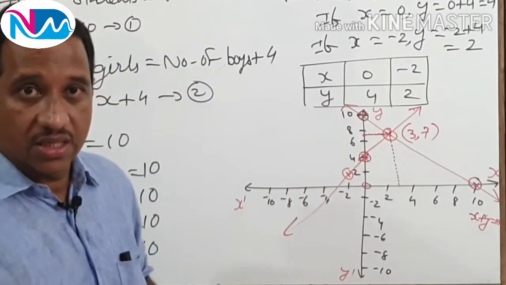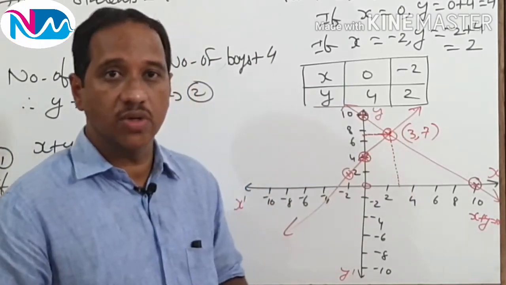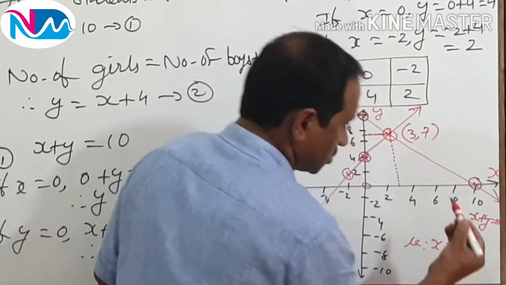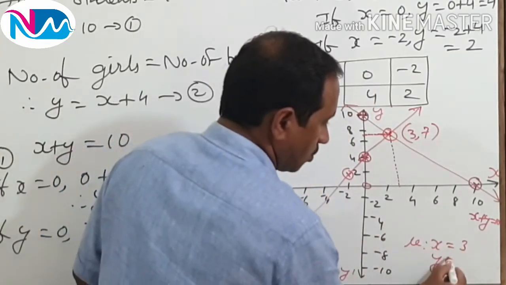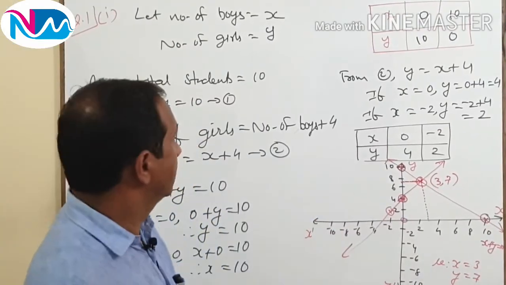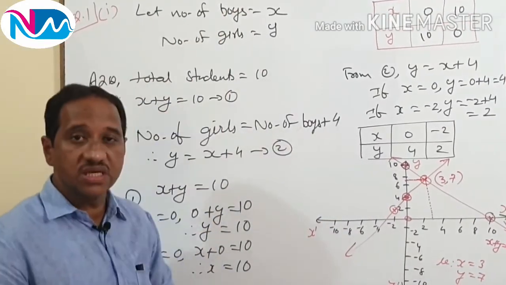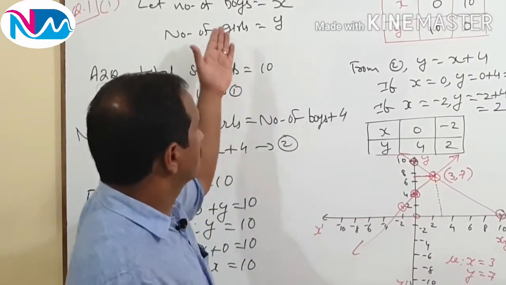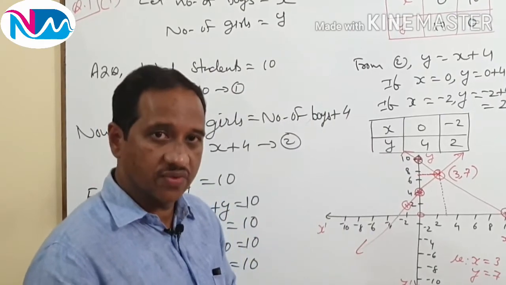It means that the value of x is equal to 3 and y is equal to 7. X is equal to 3 means the number of boys is equal to 3. Y is equal to 7 means the number of girls is equal to 7.